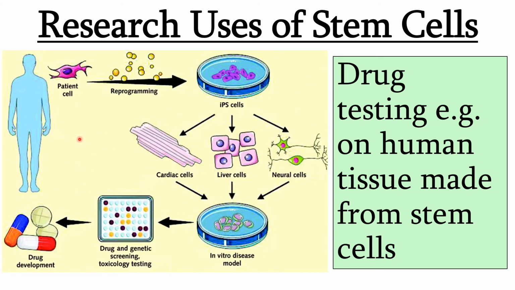So here's an example. You've got a patient's cell, so it's reprogrammed to produce what's called induced pluripotent stem cells. With these cells, you can make anything, basically: cardiac cells, liver cells. You can test the cells directly. It might be possible to make them into human tissue. But yes, drug testing using stem cells is something which may come.